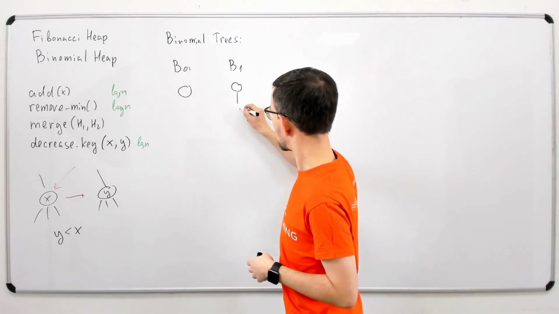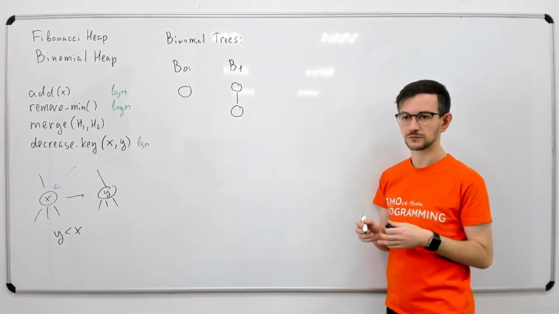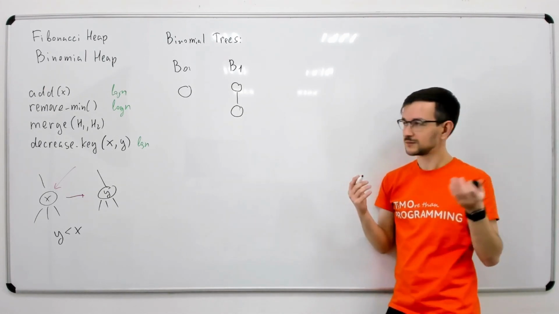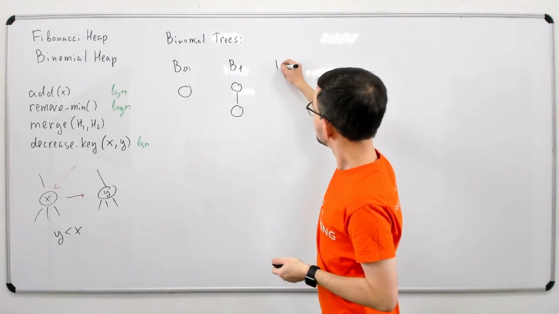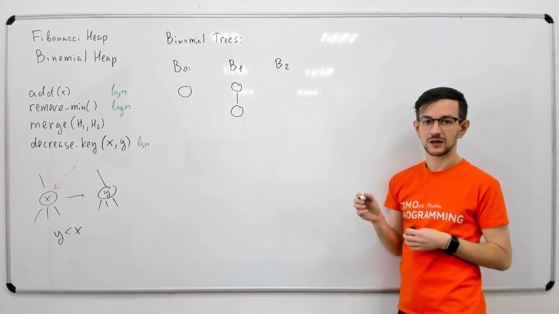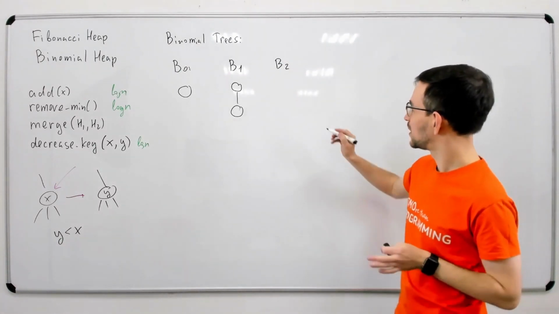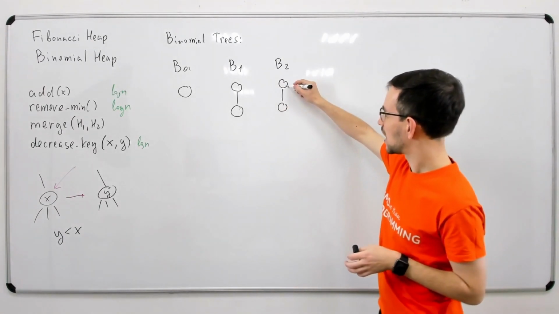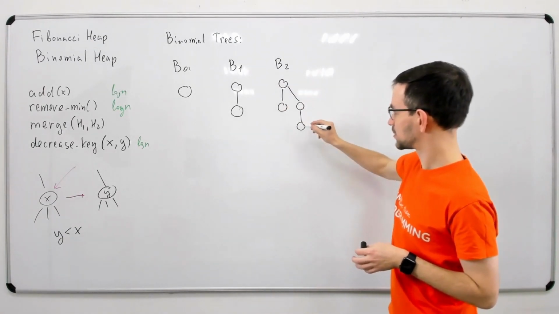One node and another node here. Looks very simple, right? Now let's see binomial tree of rank 2. Now it gets a little bit more complicated. We have something like that and 2 more vertices here.